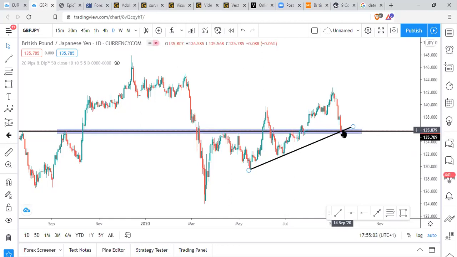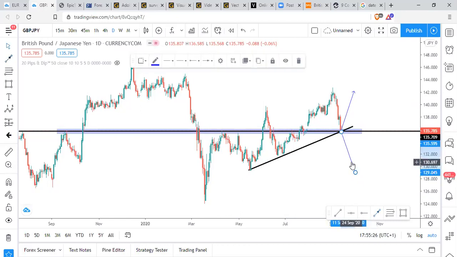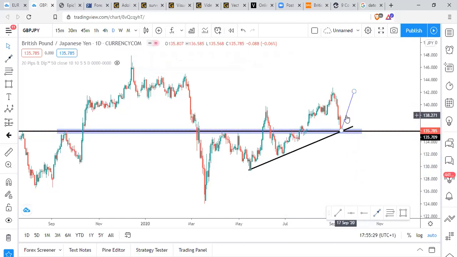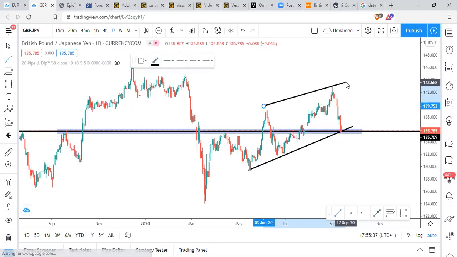Okay? So I'm expecting price to either push up from here up to this point, or a break from here down to somewhere here. All right? Something like this, I just back up my chart. I do this, then I place this and this.